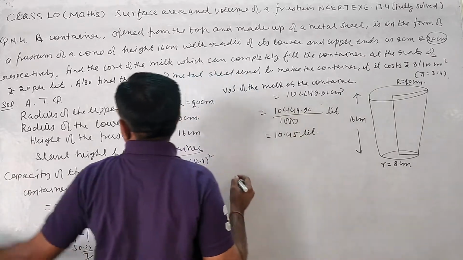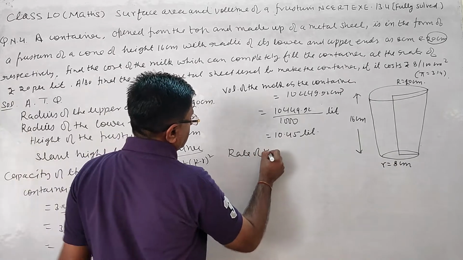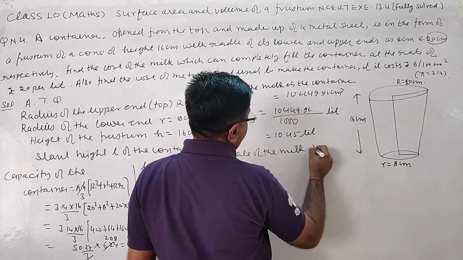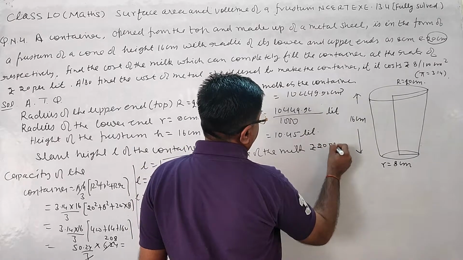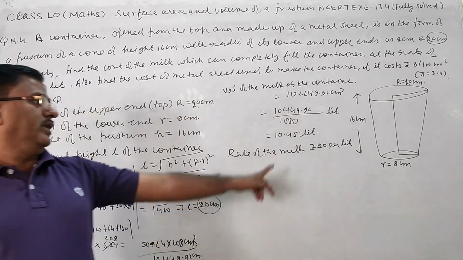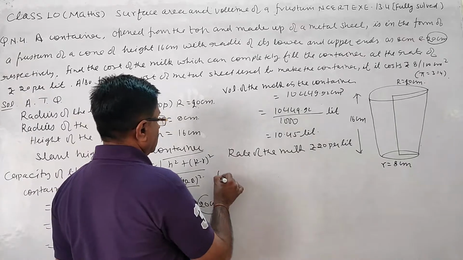Now we are given the rate of the milk, that is rupees 20 per liter. For 1 liter it is 20 rupees. Then how many liters? So that will be the cost of the milk.